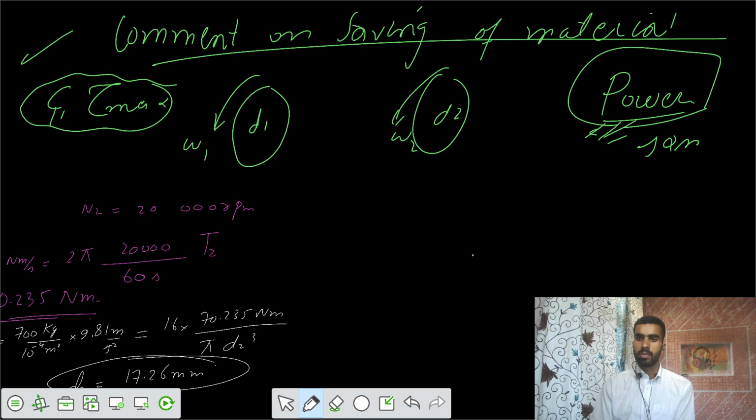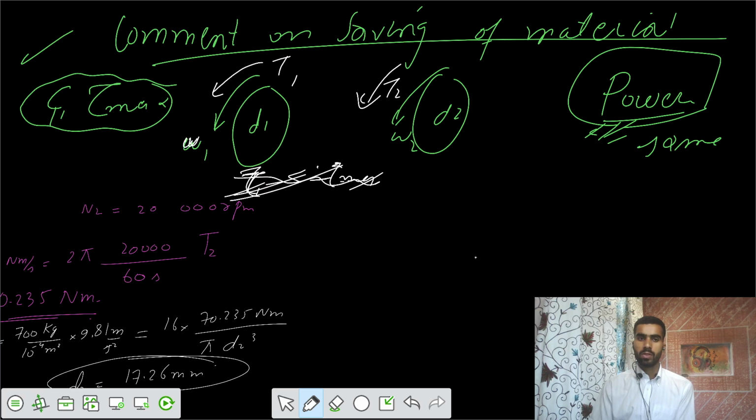So there would be some torque 1 developed for this one, and some torque 2 developed for this one, such that the tau should be less than tau max. So that's also satisfied. Now based on these two options of omega 1 and omega 2, based on different rotational speeds, what's the diameter 1 and diameter 2? You need to compare those two, and after that you need to say what is the savings of the material.